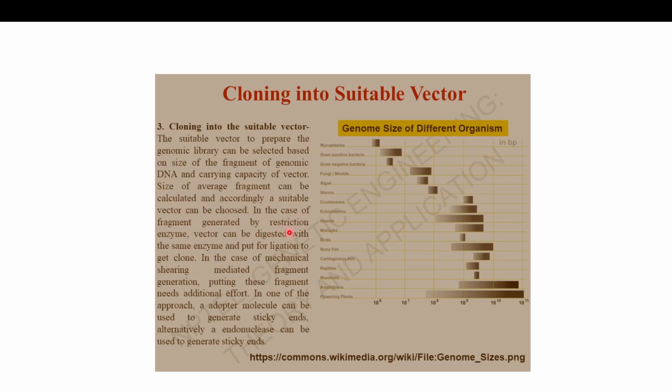In the case of fragments generated by restriction enzyme, the vector can be digested with the same enzyme and put for ligation or joining to get the clone, or recombinant DNA. In the case when mechanical shearing is applied, these fragments need additional effort. In one approach, an adapter molecule can be used to generate sticky ends. Alternatively, an endonuclease can be used to generate sticky ends.